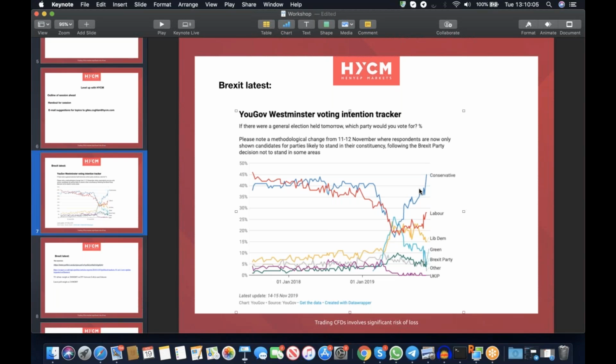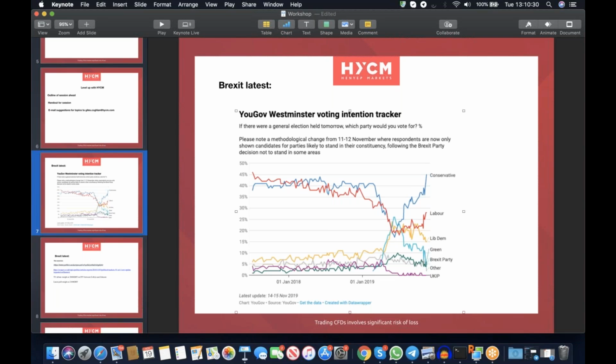When the Conservative government is losing the lead, that is negative for the pound, as a hung parliament is seen as more likely, a no-deal Brexit is more likely, and so the pound will be sold off. So that's the focus at the moment. Until December the 12th, that will be the overriding focus for trading the pound.